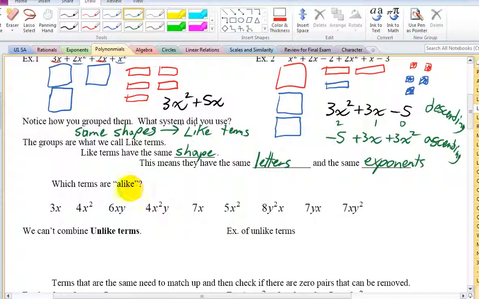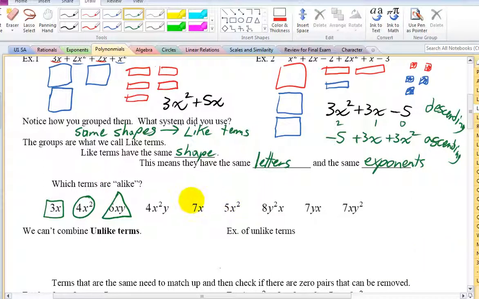What we want to do is see which terms are alike. Please put a box around all the x terms. Go. Put a circle around all the x squared terms. Put a triangle around all the xy terms. And if there's anything else that's alike, just connect them with a line.